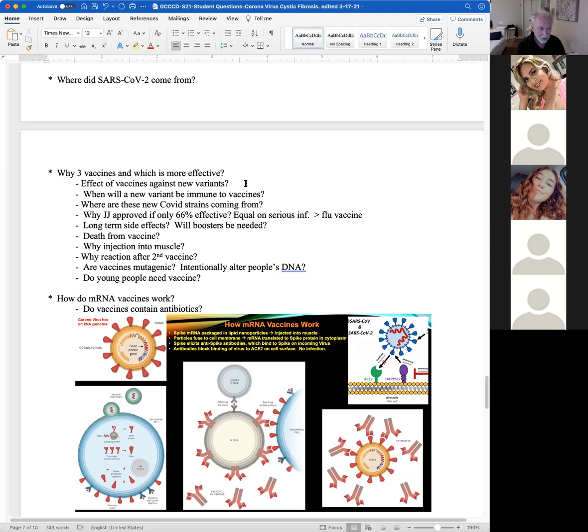Can vaccination cause death? No, I don't think there's any case of vaccine causing death. Why is injection into a muscle? Well, think about that. What are the alternatives? If you didn't inject into a muscle, where would you put it?